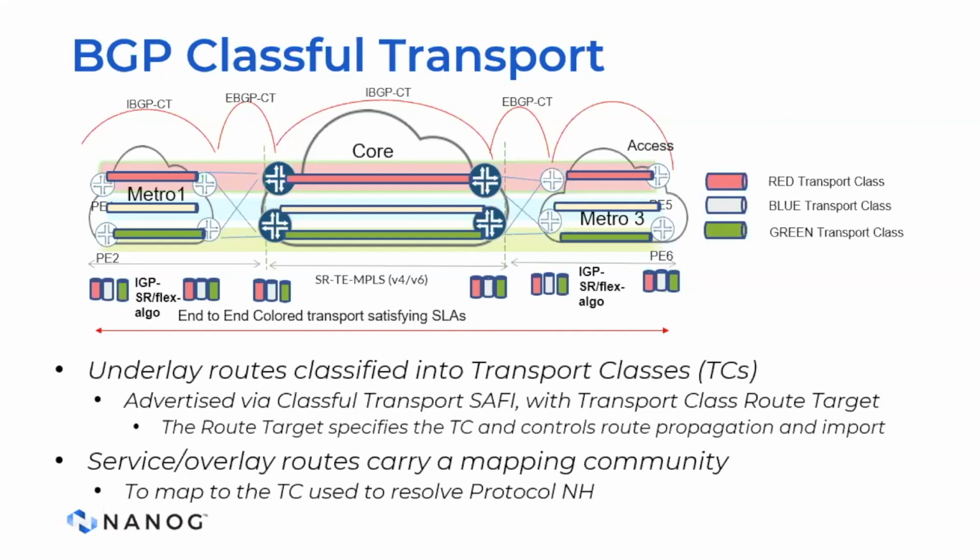Those underlay routes are advertised with this new SAFI called Classful Transport SAFI, and the routes are attached with transport class route targets. The route target specifies the transport class and also controls route propagation and importation. And the service routes or overlay routes will carry a mapping community that will map to the transport class that is used to resolve the protocol next hop. So that's the basic idea of this BGP Classful Transport framework.